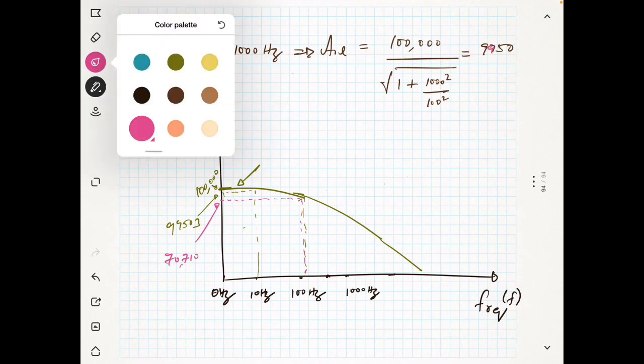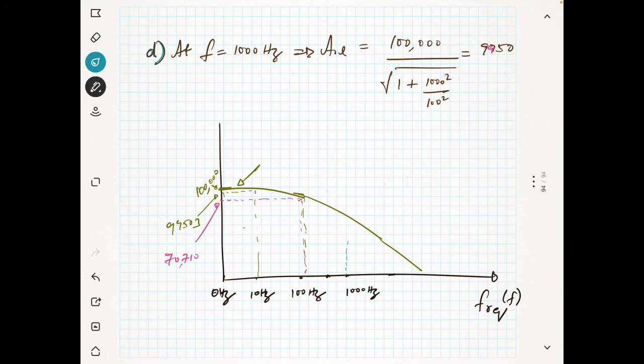So I will use a different color. You will be getting this point as 9950. So this is the gain, but these gains are not in dB. If it is in dB, you will not get this many big numbers. Usually in dB it will be like 100, 50, 80, small numbers. So this is the actual frequency response of this amplifier.